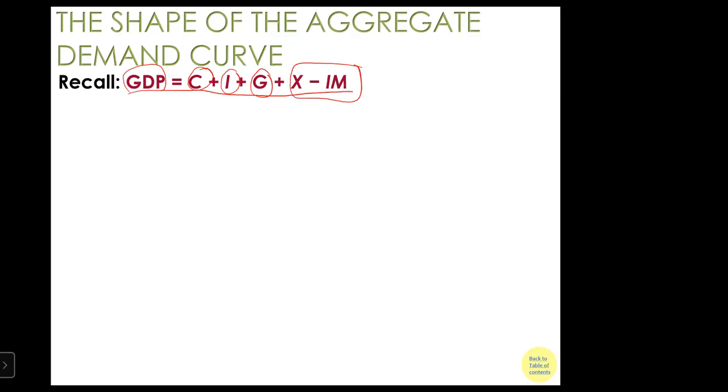Okay. So now we need to understand how each of those components can potentially respond to a price change. For now, we probably need to ignore G. The government spending may not be very responsive to price level.